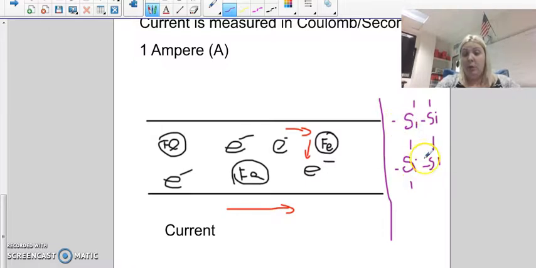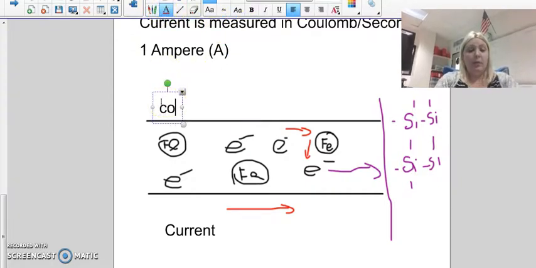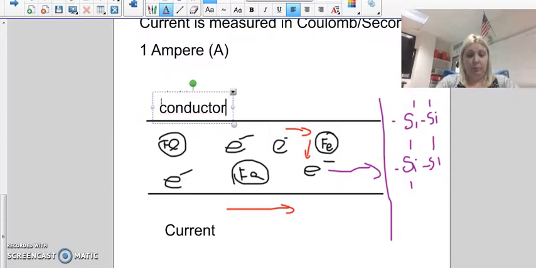Now remember, electrons repel other electrons. So when this electron is trying to get through, it gets immediately repelled and literally cannot go through the structure. So if your electrons can get through the material, that material is called a conductor. And if they can't get through, it's called an insulator.